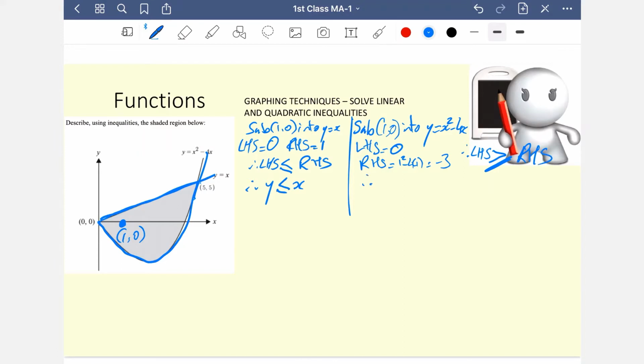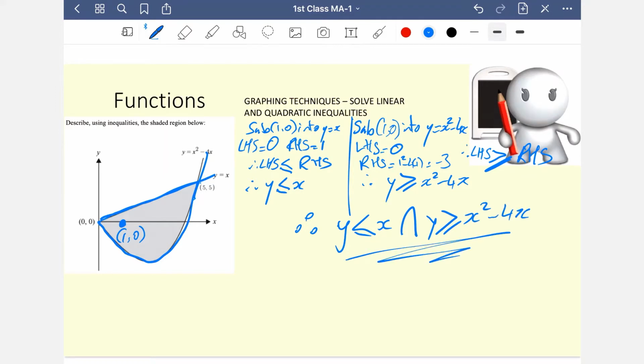So therefore y is greater or equal to x squared minus 4x. Now, therefore, my answer is going to be y is less than or equal to x with the intersection of y is greater or equal to x squared minus 4x.